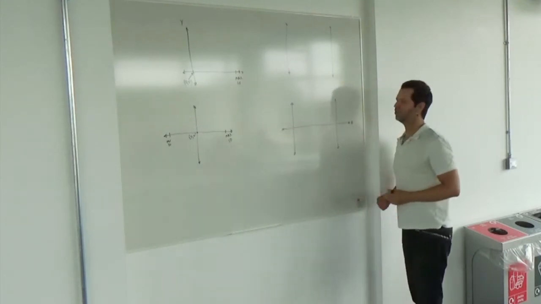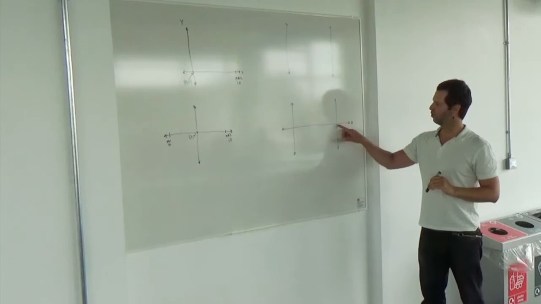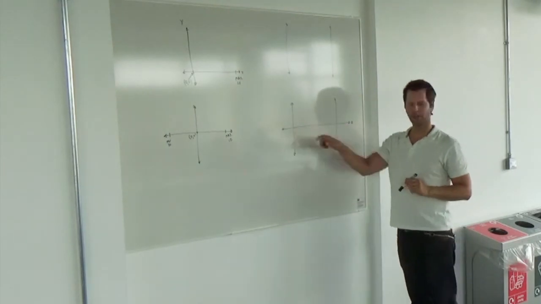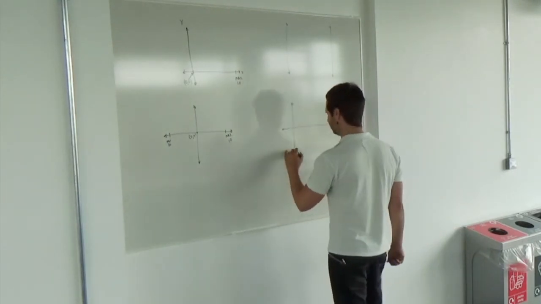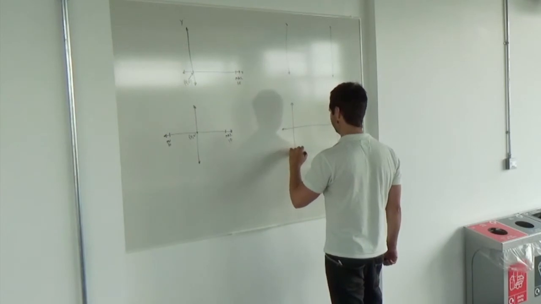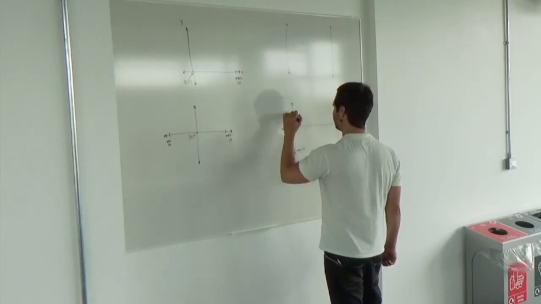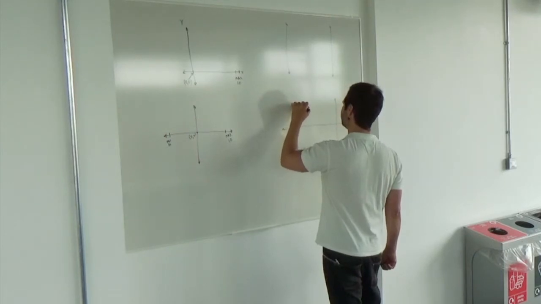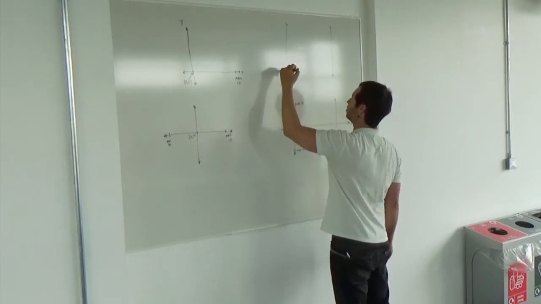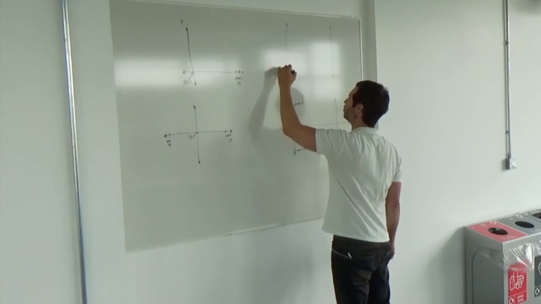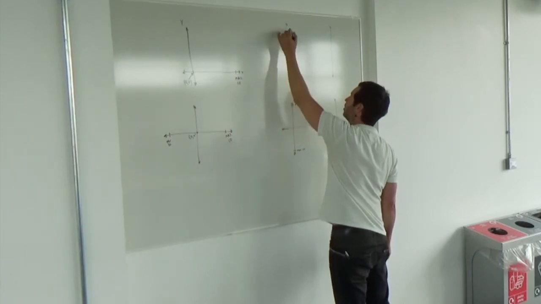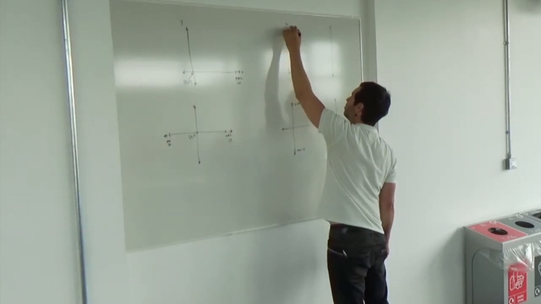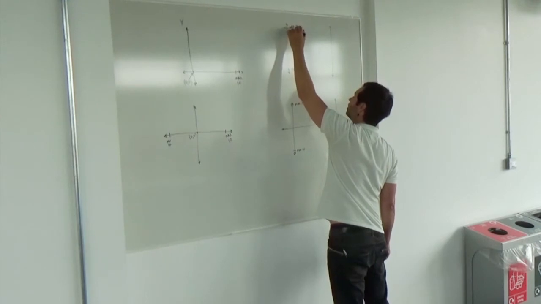So 0 is always at the middle, and then the minimum is down here, like minimum could be minus 10, for example, and the max is 10. And in the layman version, you could have your minimum as 0 here, and your maximum as 10 here.